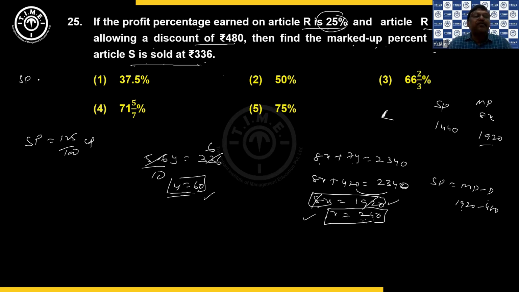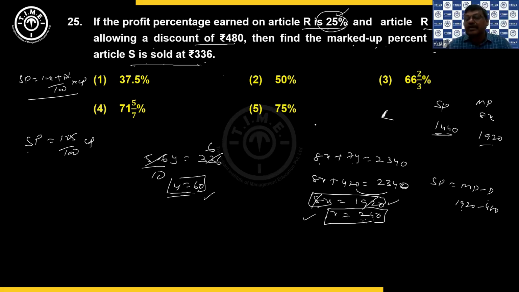That's the formula you learn by heart: selling price is equal to 100 plus profit percent by 100 into cost price. How does it come? It's nothing but 100 plus 25. Why? Because selling at profit means selling at more than my cost price. 25% profit means 25% more. As I told you some time back, 25% less is 75%. 25% more is 125%. So selling price is 125% of cost price.